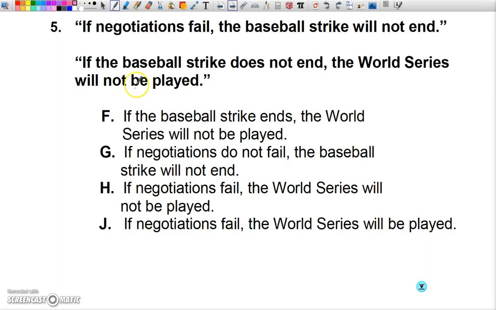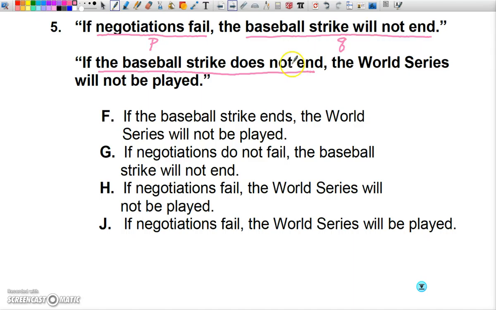All right, number 5, if negotiations fail, the baseball strike will not end. If the baseball strike does not end, the World Series will not be played. And we're looking for a valid conclusion to this argument. So if negotiations fail, so here's our P statement. And then the baseball strike will not end would be our Q statement. So if you look at your second statement, the baseball strike does not end.